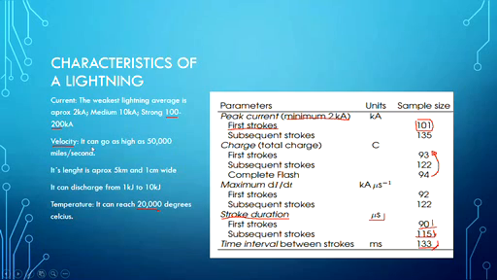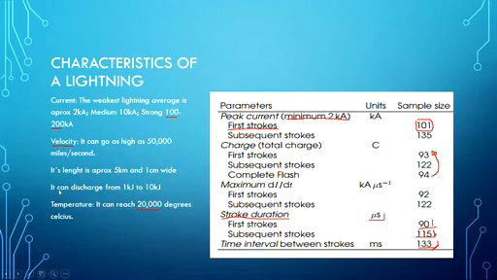As for velocity, a lightning can go as fast as 50,000 miles per second. The length of a lightning can be 5 kilometers, sometimes 3, sometimes 6. It varies, and 1 centimeter wide. It also varies in length and width.